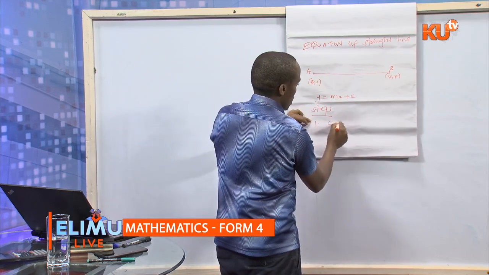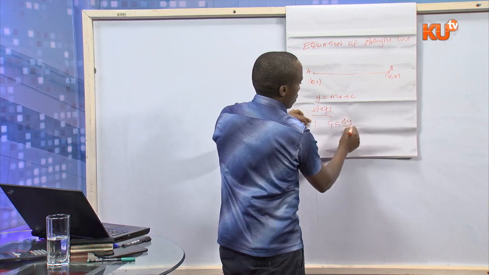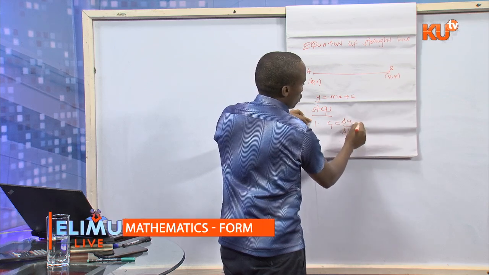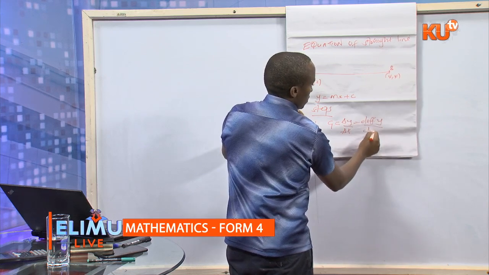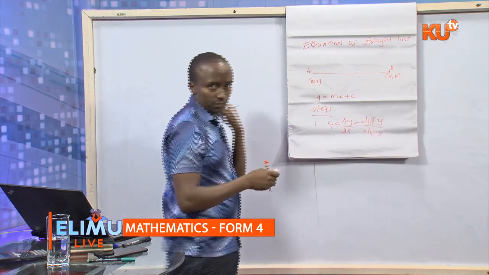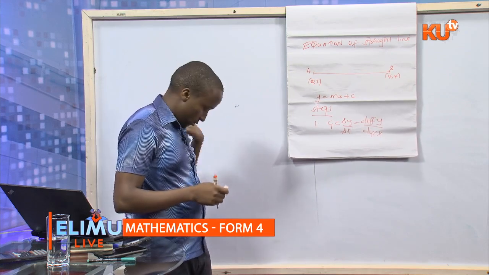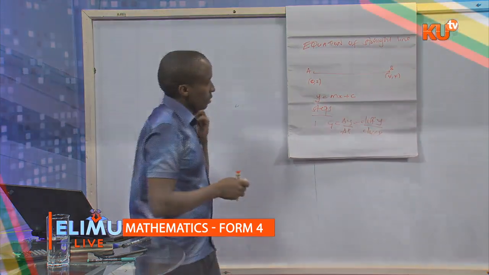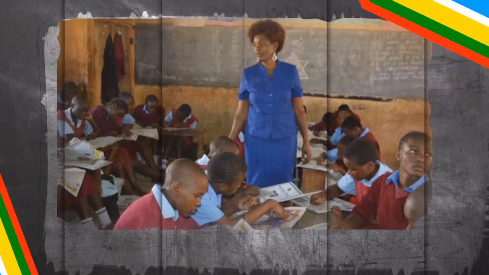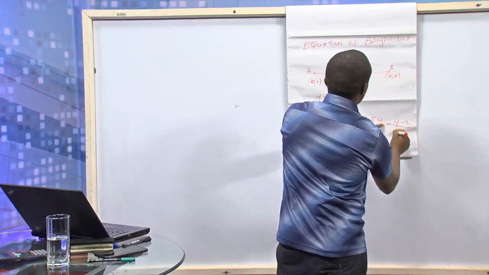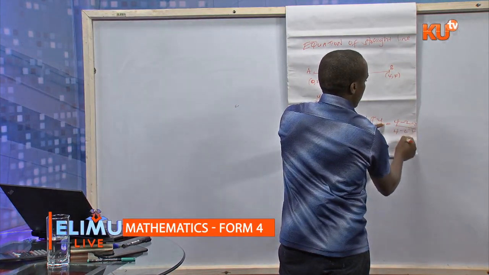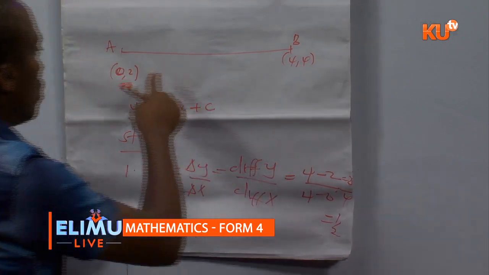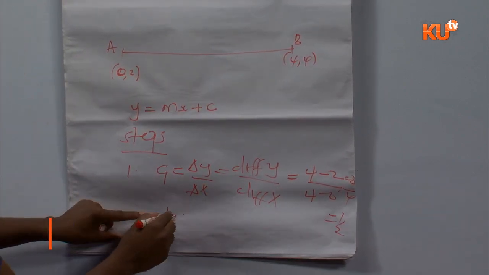You have said gradient is equal to change of y over change of x, which is equal to the difference in y divided by the difference in x. Which is equal to 4 minus 2 divided by 4 minus 0, which equals 2 over 4. You simplify, it is equal to a half. So the gradient of this line is equal to a half.